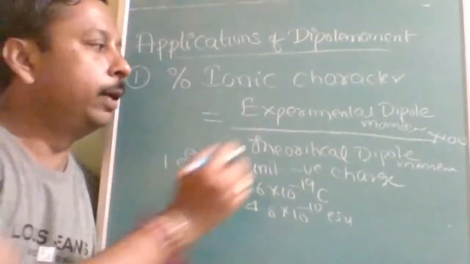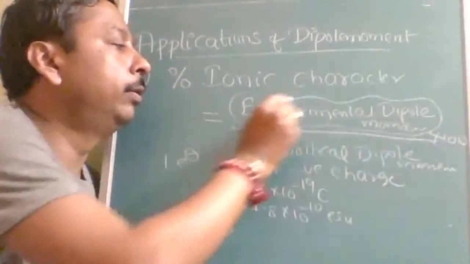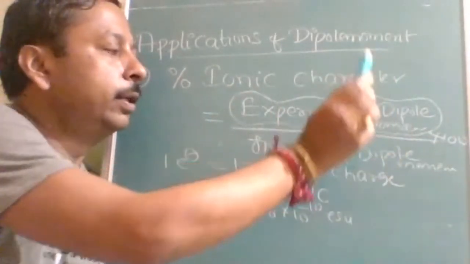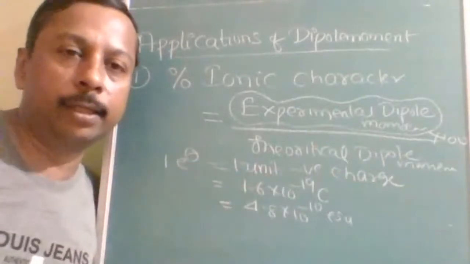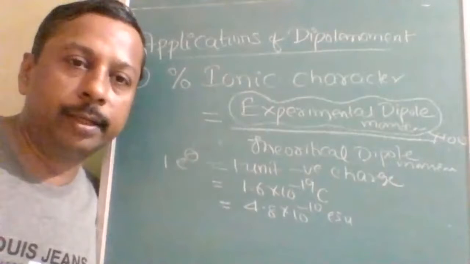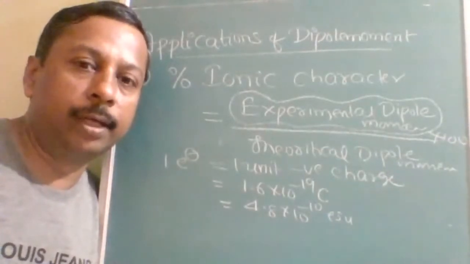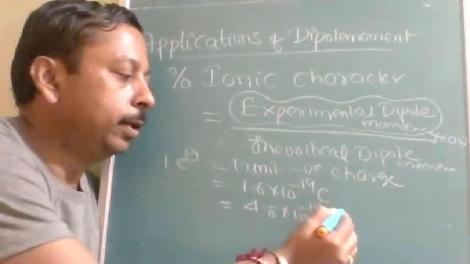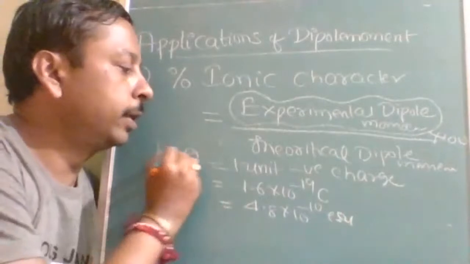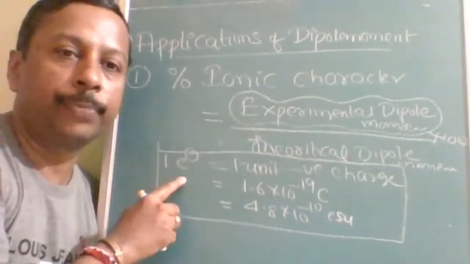For calculating, we must also do unit conversion. Suppose the value is in ESU centimeter. There are two units in use: one is coulomb meter, another is ESU centimeter. If you want to convert from one unit to another, centimeter to meter, everybody can convert. Once we say one unit negative charge, it means one electron.